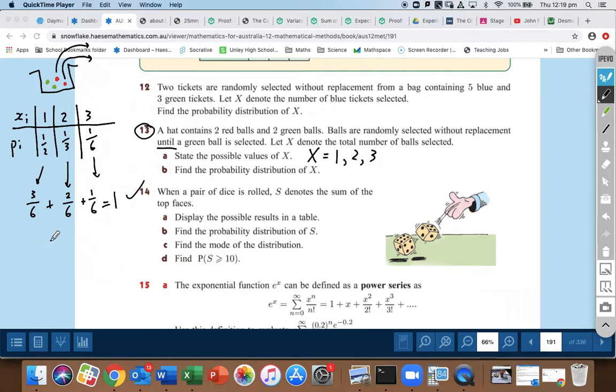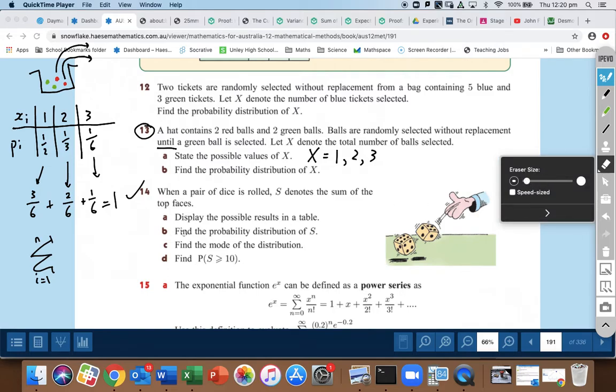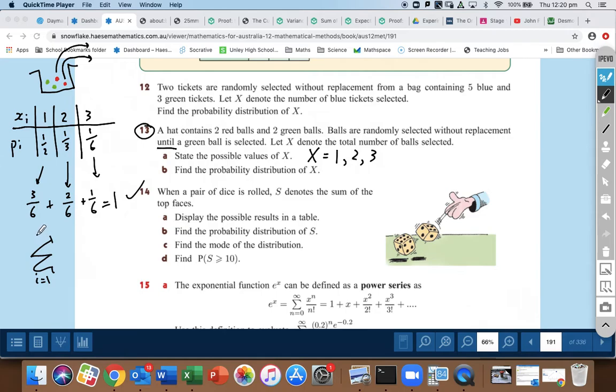So the sum, right, from the first sample to the nth sample, in this case, the n equals 3. So I could just write 3 there for this particular sum. If I sum all those probabilities, it needs to equal 1. And it does, and so that's my check for knowing that I've done this correctly.